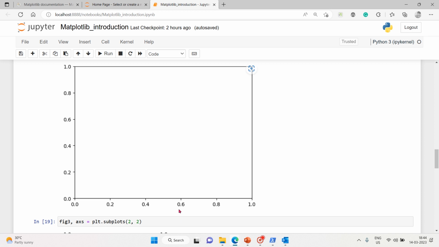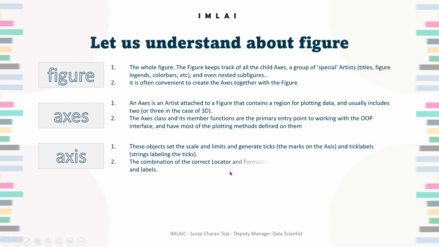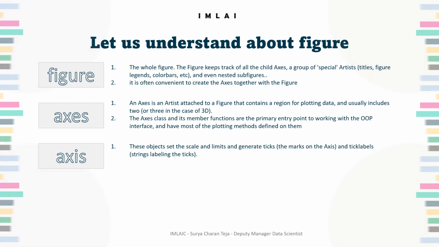So these objects set the scale and limits and generate ticks and tick labels. The location of the ticks is determined by a locator object, and the tick label strings are formatted by a formatter object. So two objects are important here to be remembered.